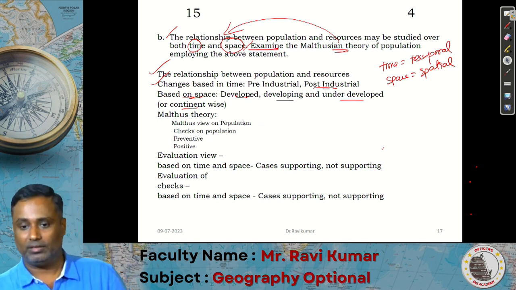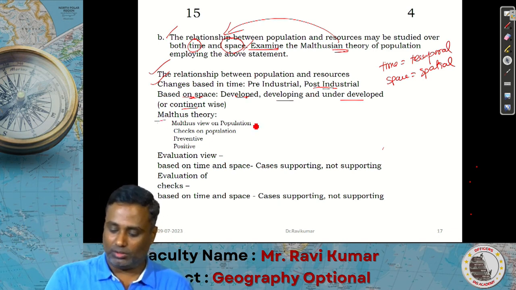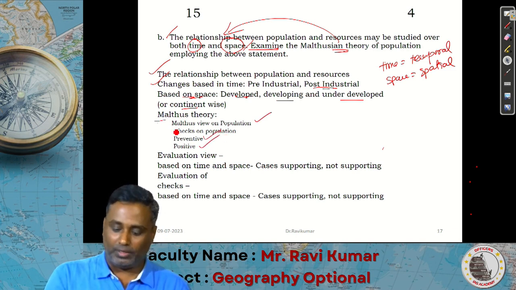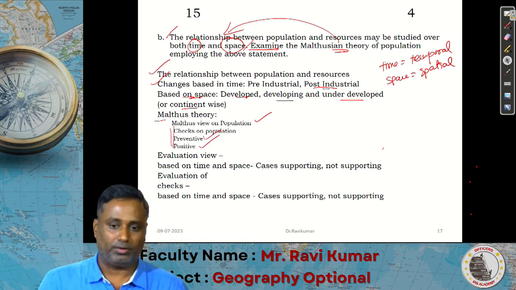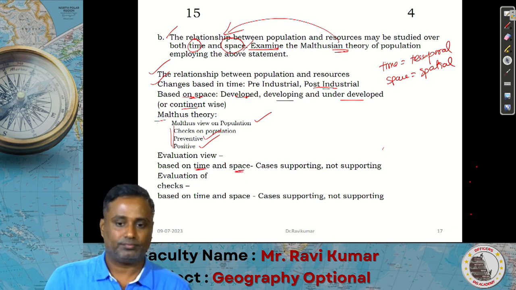We can make it very easy also. And Malthus's theory talks about his view of population, number one, and the checks: preventive checks, positive checks. There are three components. Now we have to apply these three components to developed, developing and underdeveloped countries, based on time and space.